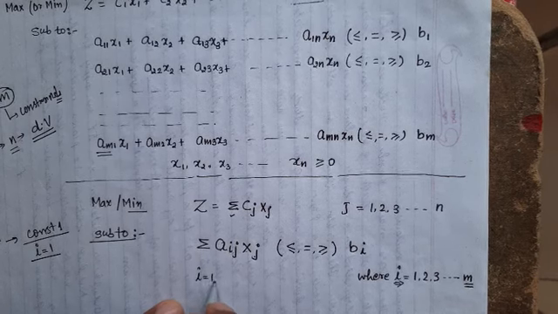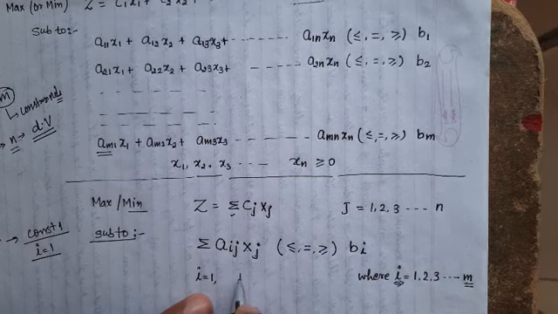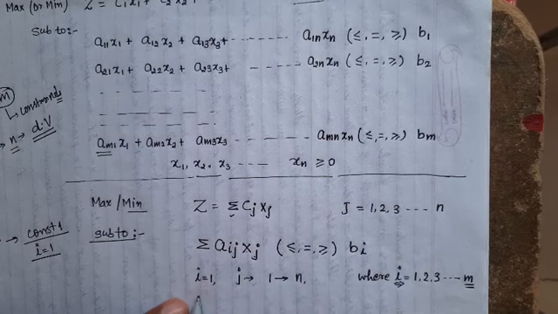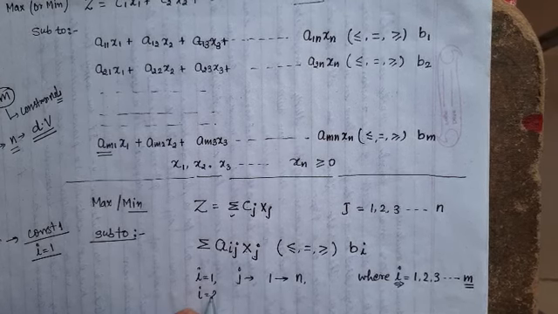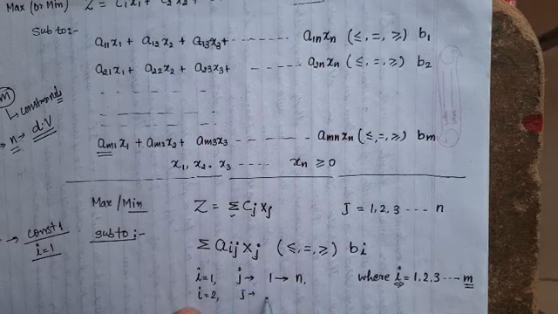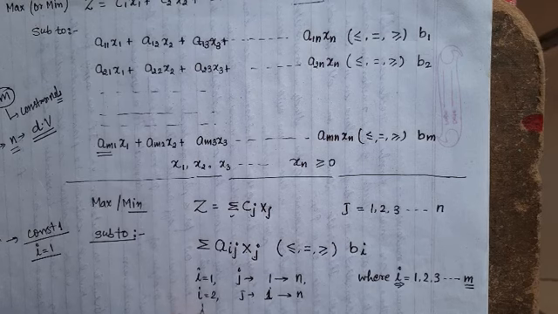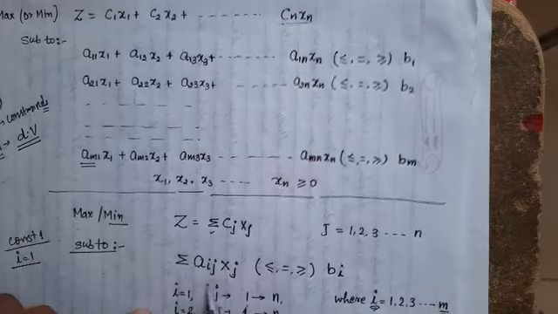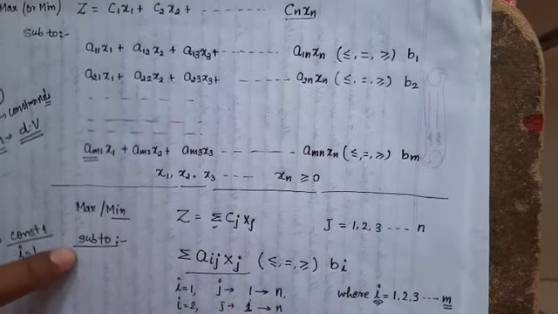Likewise, for i equal to 1, j will change from 1 to n. Then I place i equal to 2, and j again changes from 1 to n. Finally, I place i equal to m, and j will change again from 1 to n. So we will get the complete set of equations.